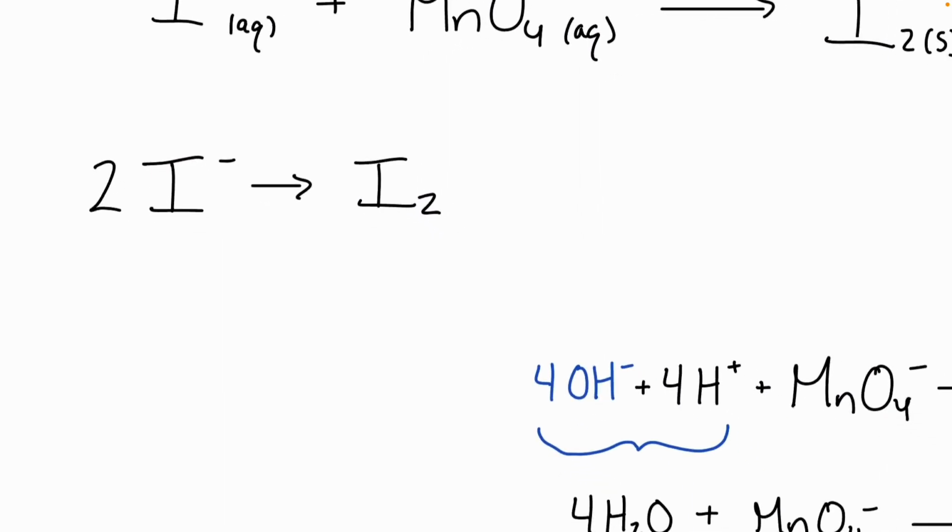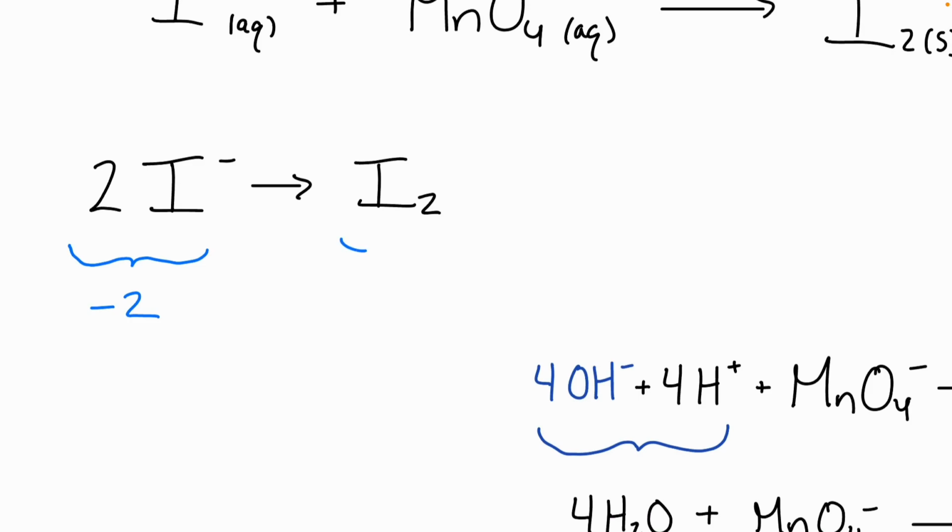All right, so let's look at this half reaction here with our iodine. What is the net charge over here on the left? If I have two iodide ions, each one has a charge of -1. That's a total of -2.